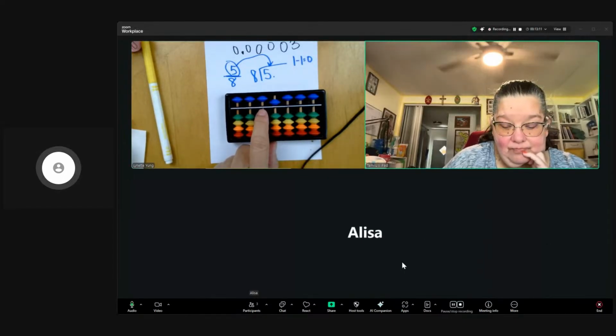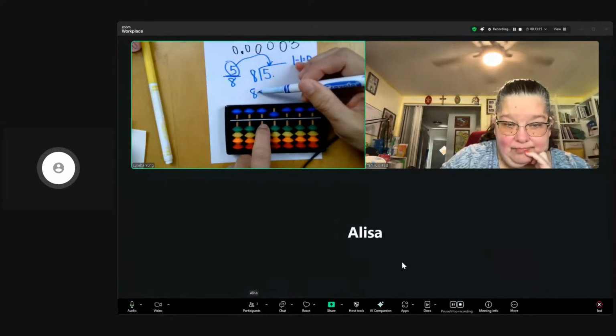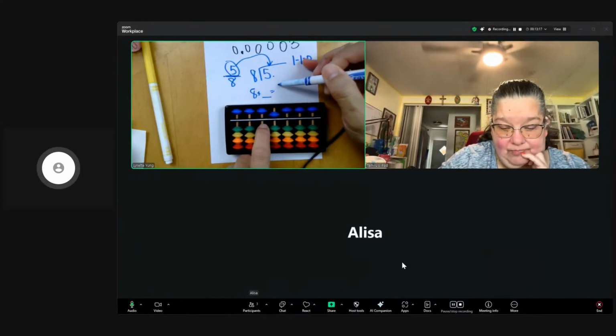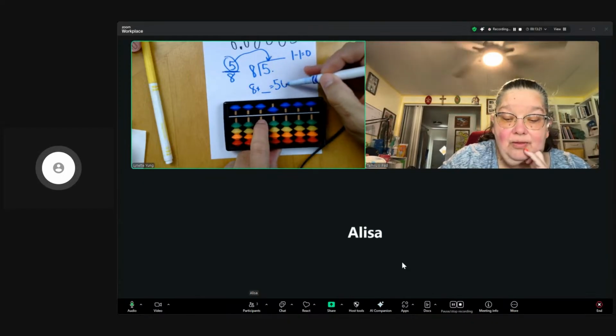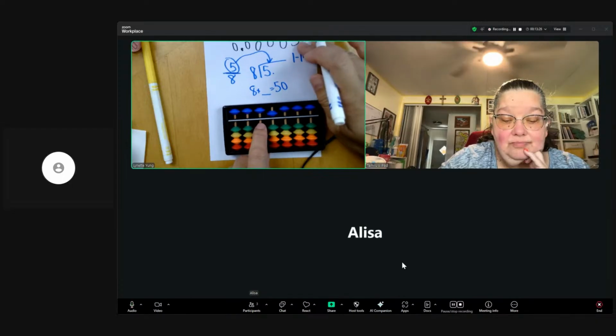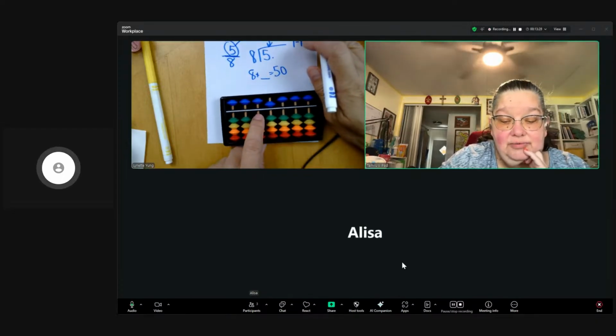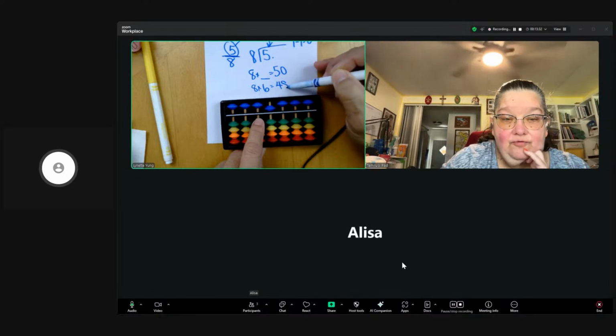So now what do we do? What times 8 is equal to 5? Cannot, right? We need to do 50. What times 8 is equal to 50 or less? 6. So 8 times 6 is equal to 48.